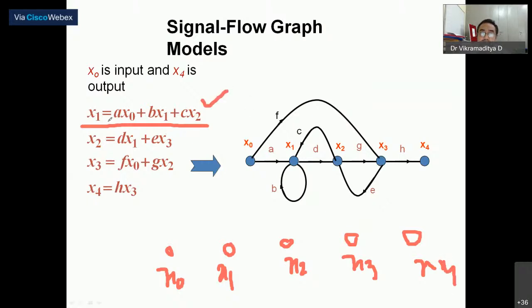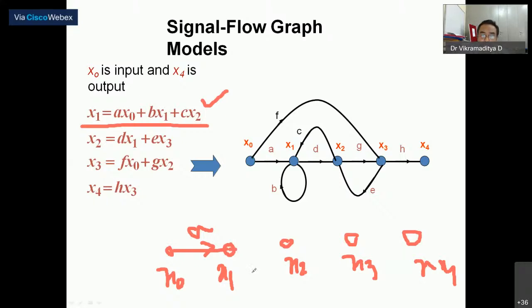x1 is how much? A times x0. x0 is this much, so I will draw a branch here. This equation is representing only incoming branches towards x1. So x1 with branch gain a. Clear? Next is plus b x1. So another incoming branch is coming from x1 itself with magnitude b.